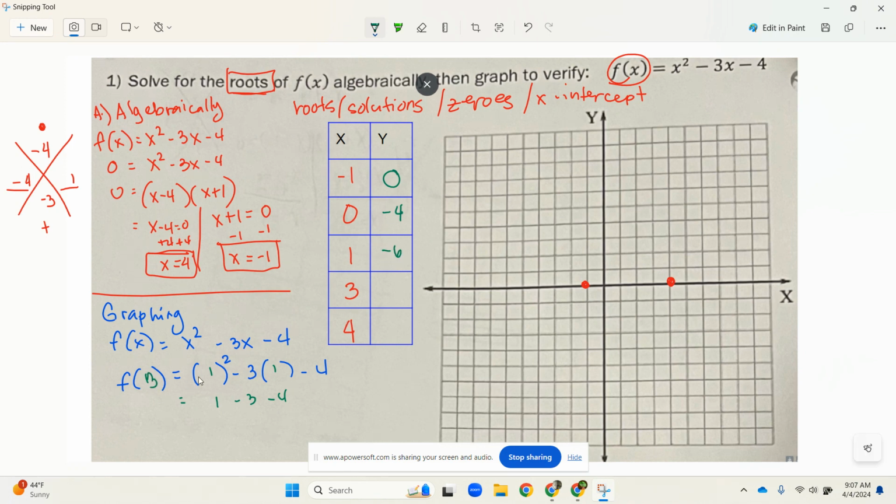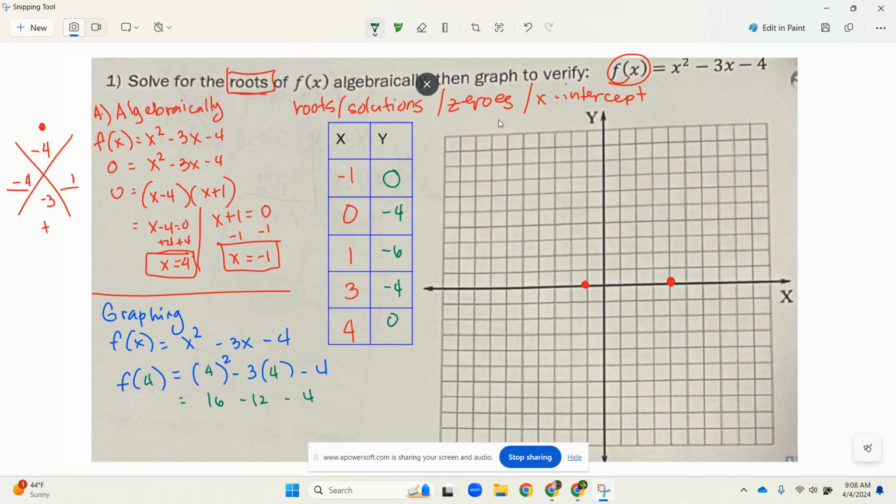Next is 3. 3 squared is 9 minus 9 minus 4, so that's going to be negative 4. Next one is 4. If x is equal to 4, we'll replace everything inside the parentheses with 4. So that's going to be 16 minus 12 minus 4. So that's going to be 0.